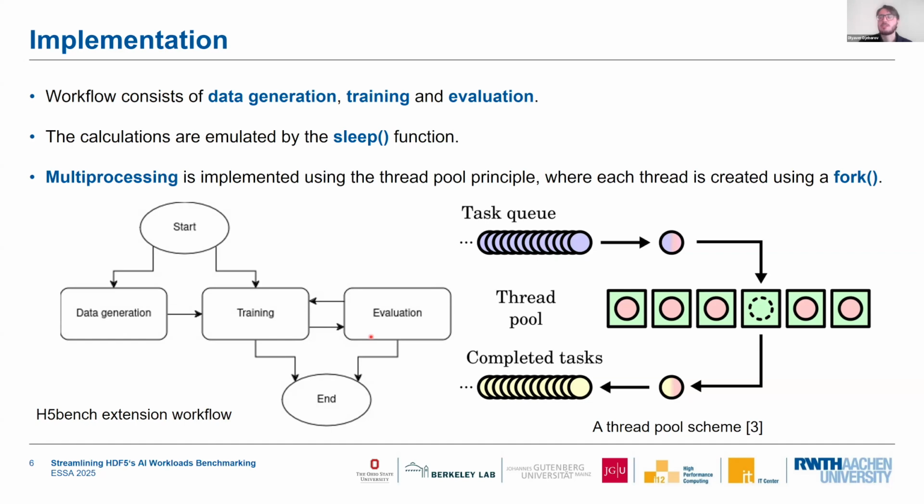Multiprocessing, which is an essential part of AI workloads, is implemented using a thread pool principle, where each thread is created using a fork. Why are we using the fork function? Because this is exactly the way PyTorch and TensorFlow create new threads.